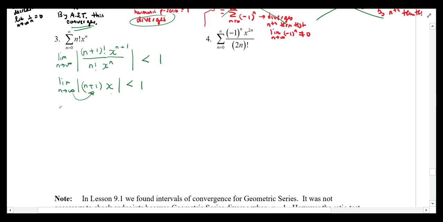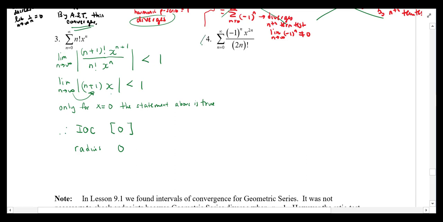Yes, only for x equaling 0, the statement above is true, because no matter how big n gets, times by 0, it's going to be 0. So therefore, for this one, the interval of convergence is really just one number, 0. And of course, the radius is, you got it, 0. Weird, eh? Weird.